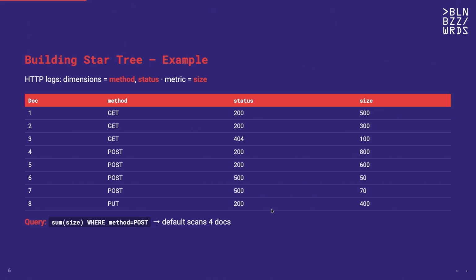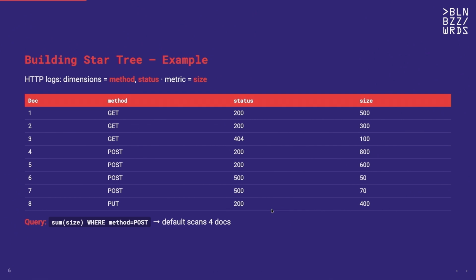Now, let's say I want to run this query: sum of size where method equals post. What would the default method be? We would have to scan all the docs where method equals post. That would be docs 4, 5, 6, and 7 in this case. Then we would have to sum up the sizes for all those 4 docs: 800 plus 600 plus 50 plus 70, which is 1520, right?